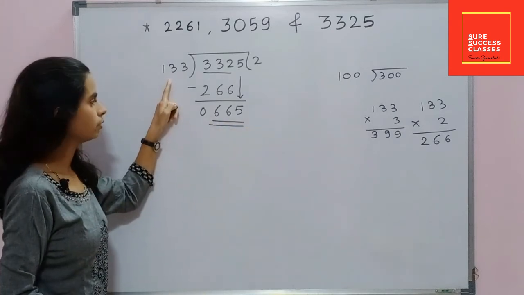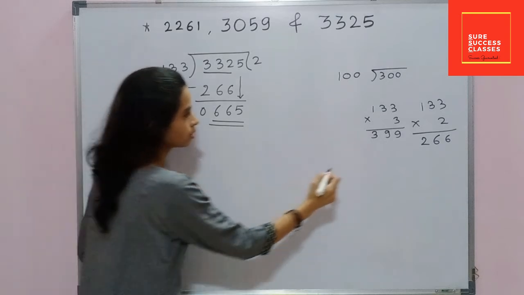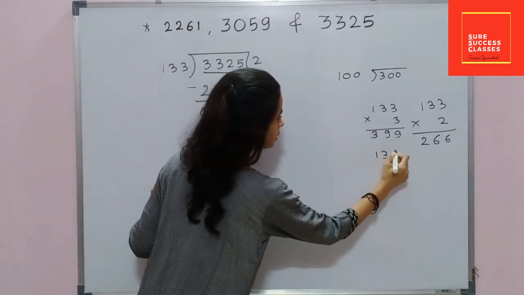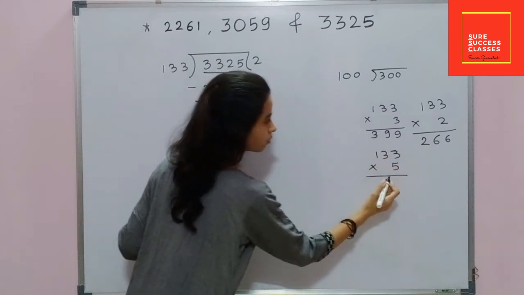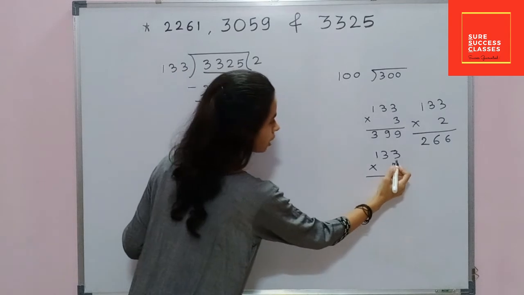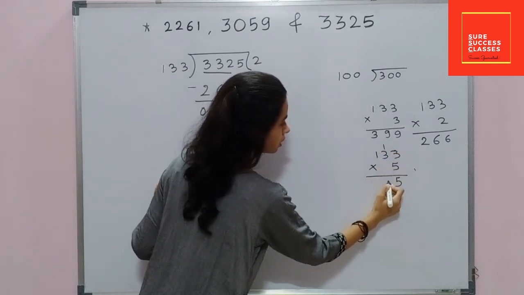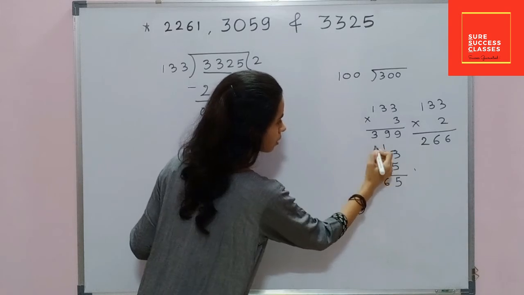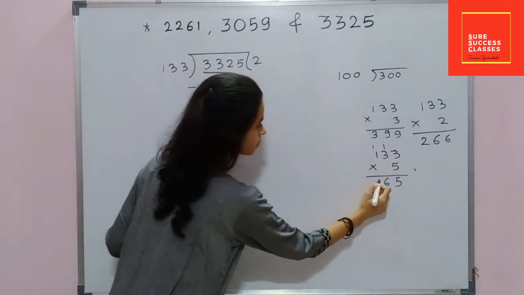So we will divide this number by 133. Here at one's place there is 5. So we will check the multiplication for number 5. 5 3s are 15. 1 will carry here. 5 3s are 15 and 1, 16. 1 will carry here. 5 1s are 5 and 1, 6.